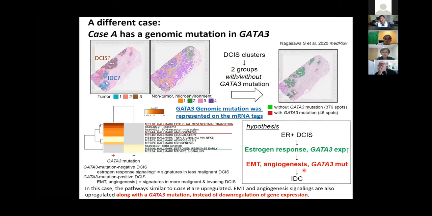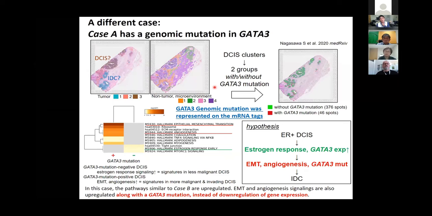So the next case. In case B, the change took place at the transcriptome level, and we selected that case because the BISIM was designed to do transcriptome analysis. And the next case, we focused on case A, which had a genomic mutation in GATA3. We conducted a similar analysis and found these clustering results.